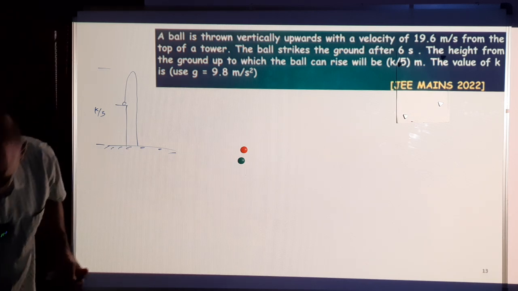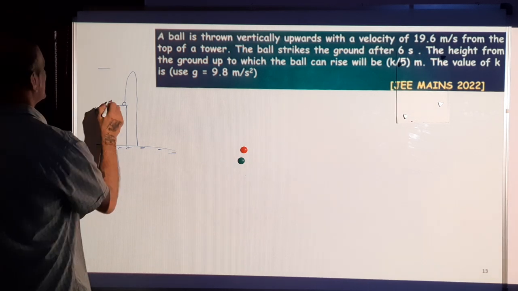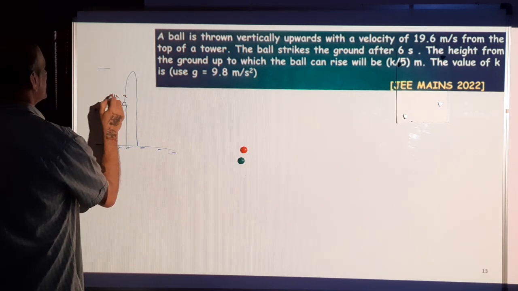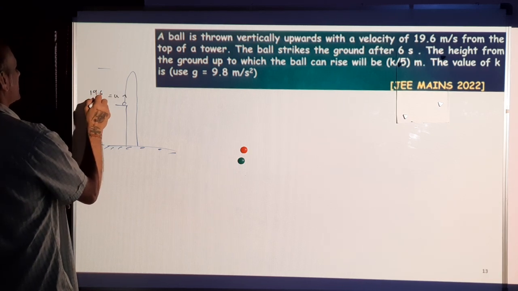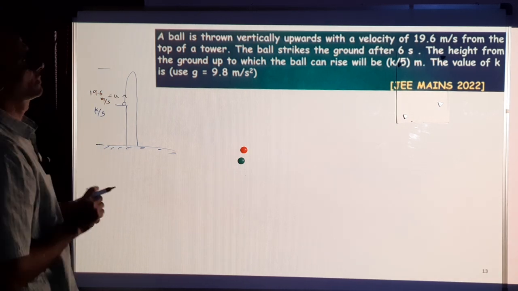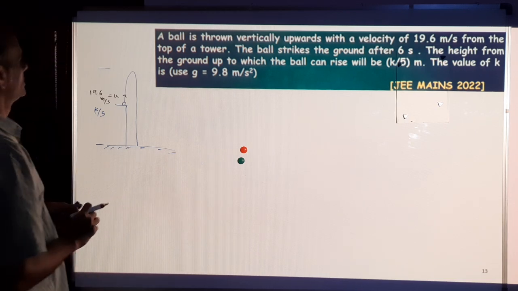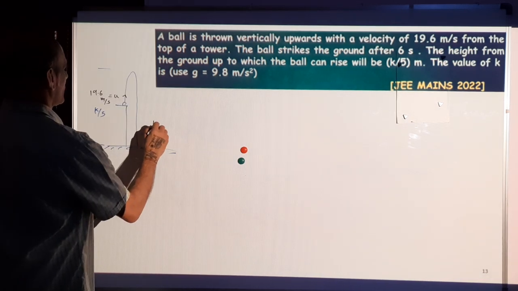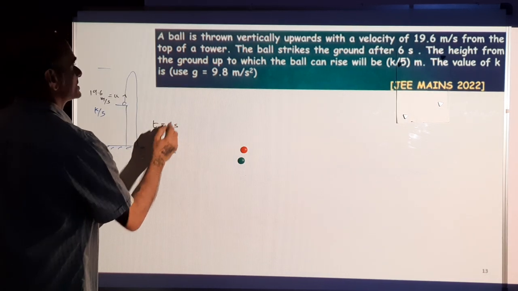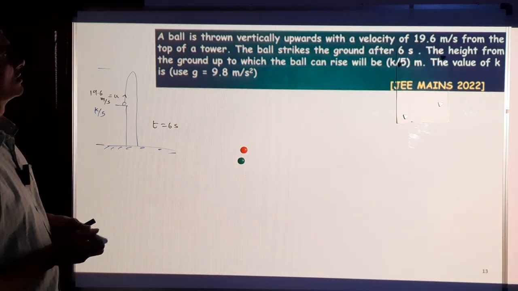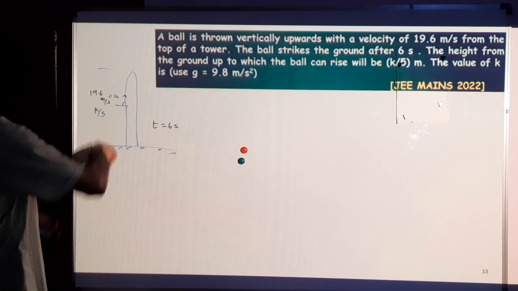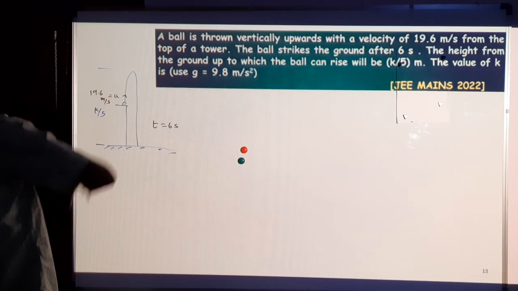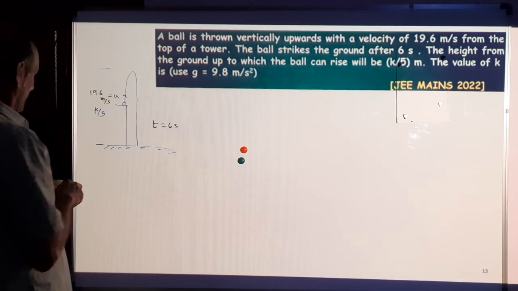The initial velocity with which it is thrown upwards, u, is 19.6 meter per second. So this total time t is 6 seconds. So from this we have to find the value of the maximum height it reaches.